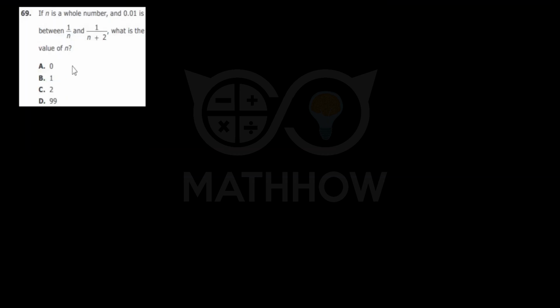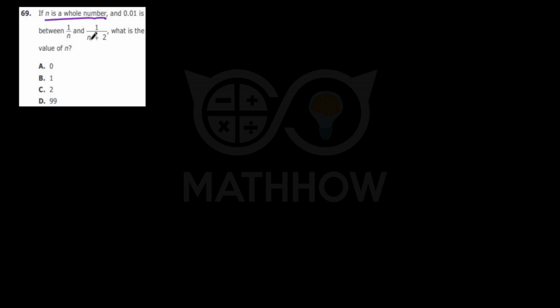Question number 69. If n is a whole number and 0.01 is between 1 over n and 1 over n plus 2, what is the value of n? n is a whole number. 0.01 is between these two fractions. Remember, the numerators of these two fractions are equal. This is n and this is n plus 2, meaning this denominator is increased by 2.